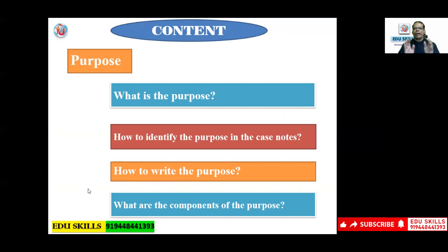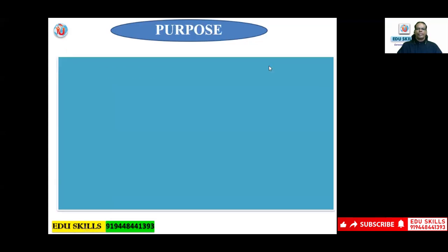I'll be giving about 3 types of templates, but templates are never recommended by OET. This is just to begin with, for your practice, or to assess your own writing purpose. By the end of this session, you will know how to assess your own purpose and give an exact score for it. These are the things we are going to look into today.